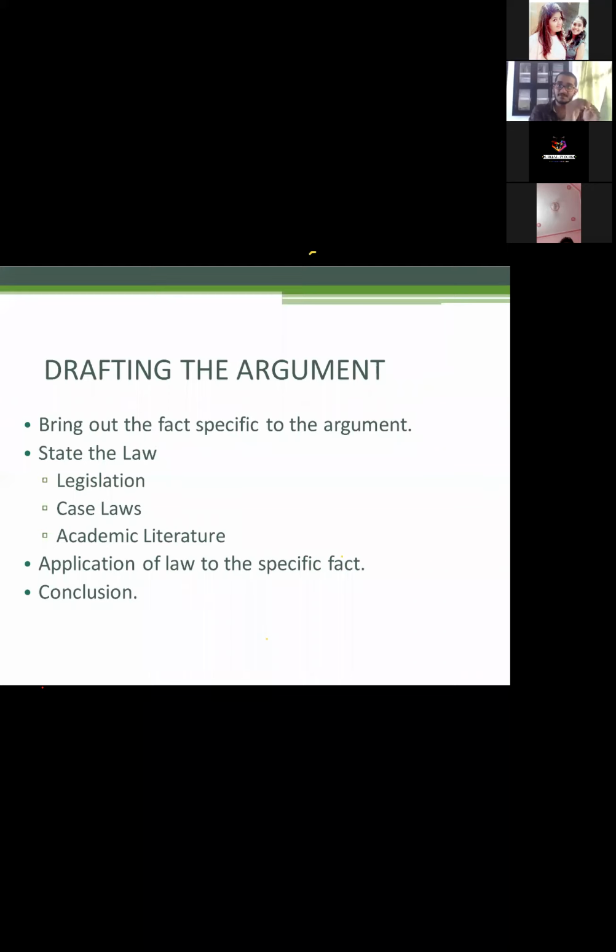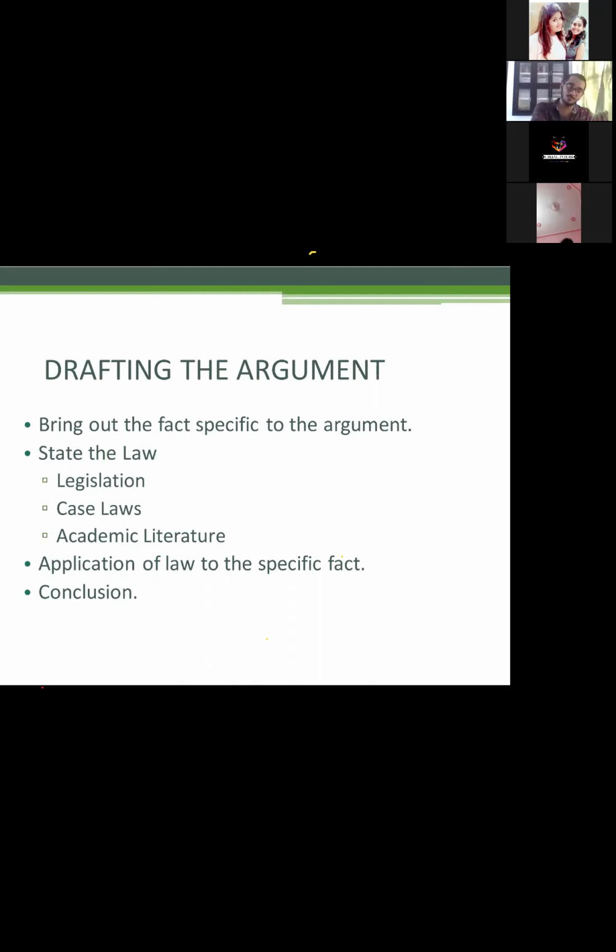You need to identify what is important, and you have to structure that in a very good manner, so that when the person who's correcting your memorial is reading through it, he'll understand, okay, he has done his research and he has identified all the relevant parts, and only what is relevant, and he has been successfully able to articulate that into your argument.